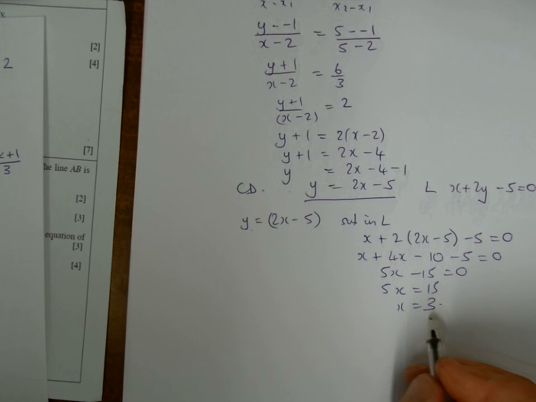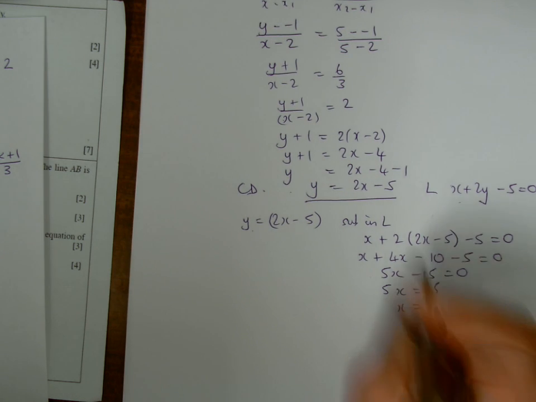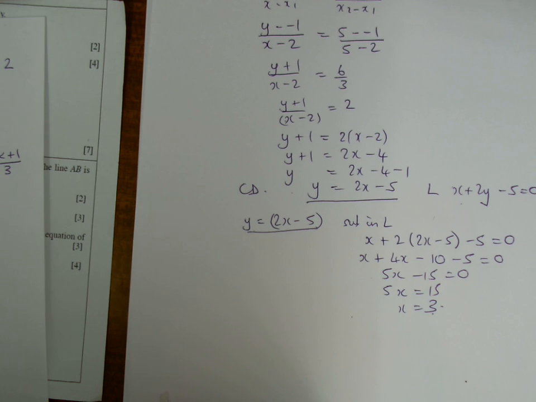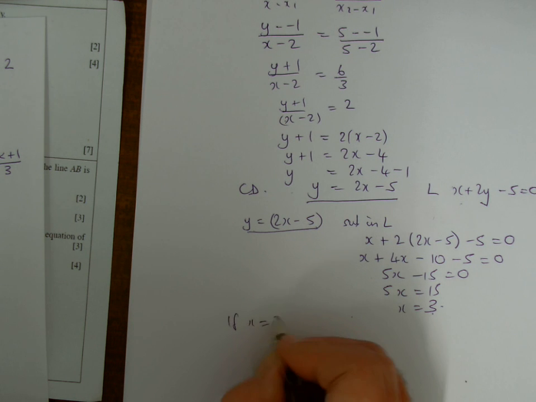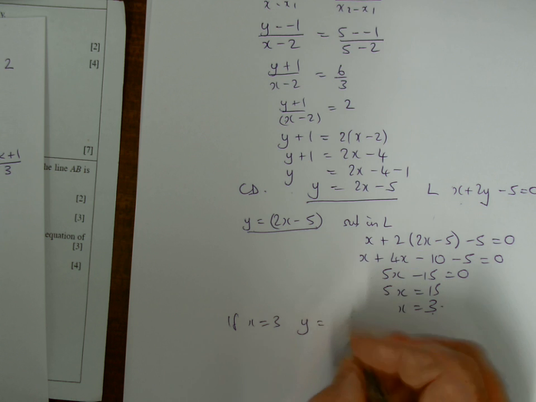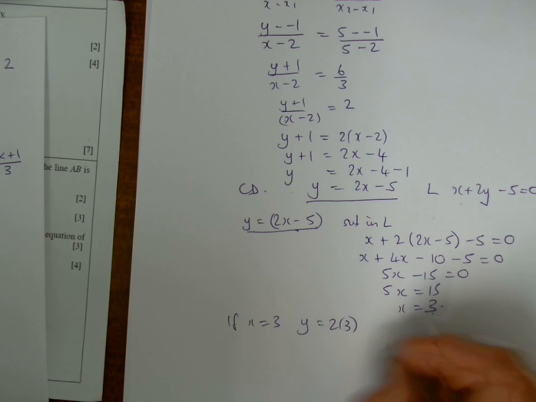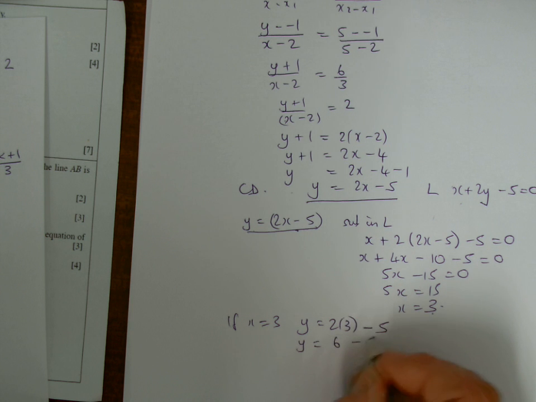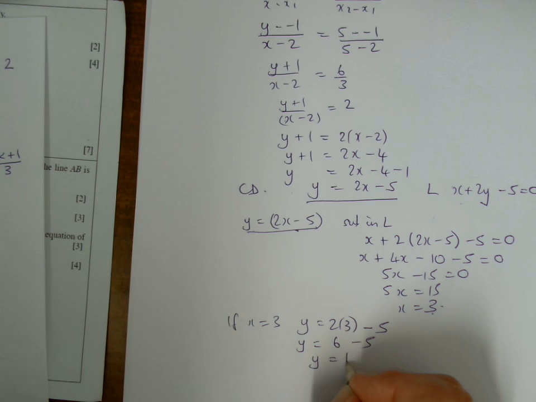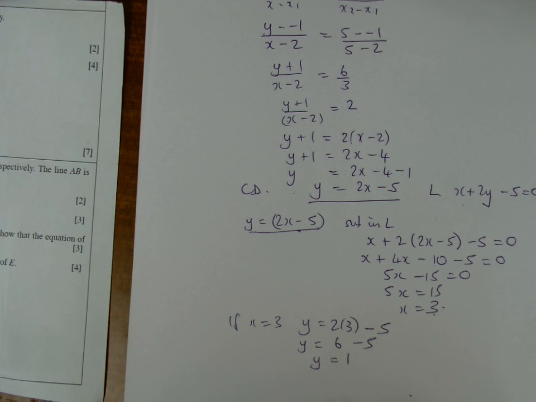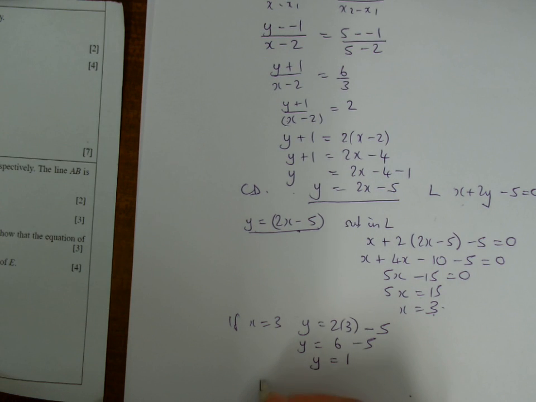And then to find the corresponding value of y, sub x equals 3 into my y. So if x is 3, y is 2 lots of 3 minus 5, so y is 6 take away 5, so y equals 1. So the coordinates of E are (3, 1).